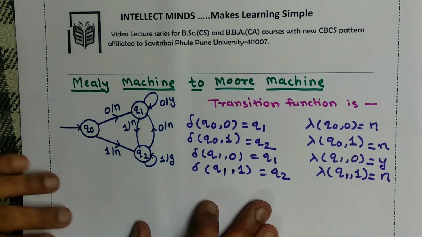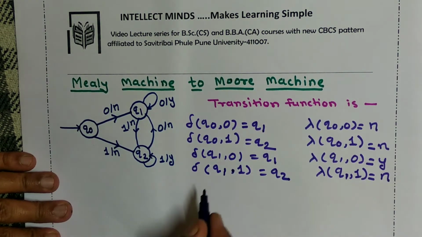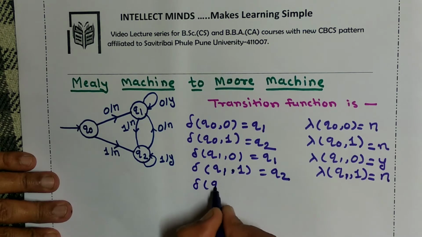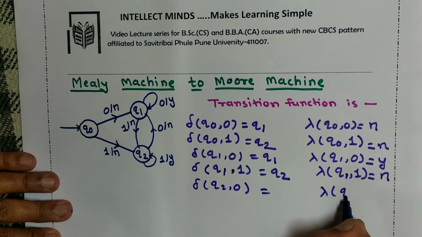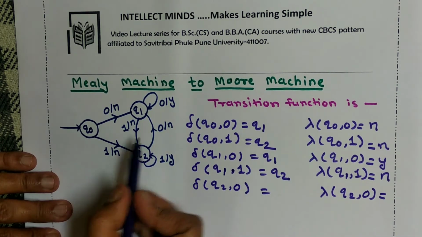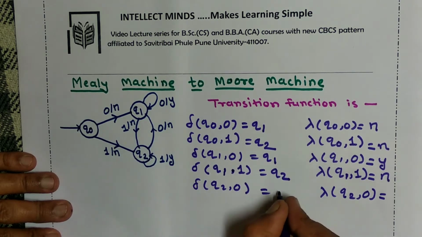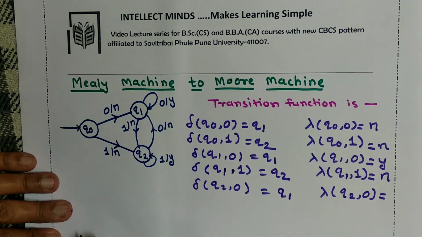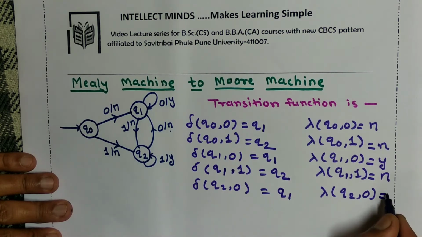Next, what is remaining? Q1 is done, Q0 is done, Q2 is remaining. Delta of Q2 over 0 and lambda of Q2 over 0. This is Q2. By taking 0, it goes to Q1 and gives the output N.